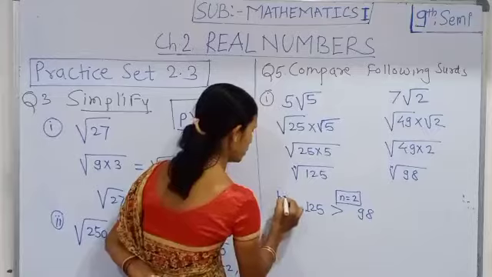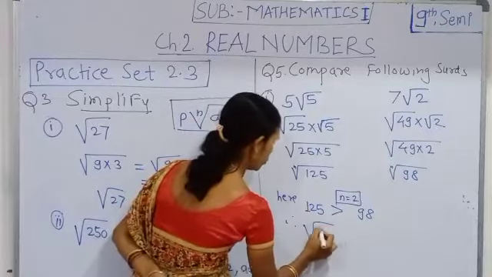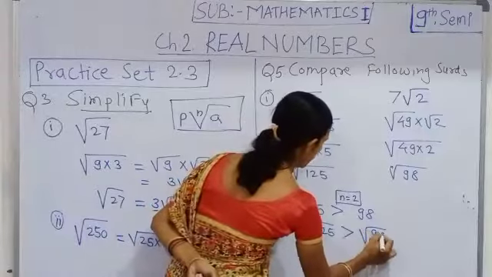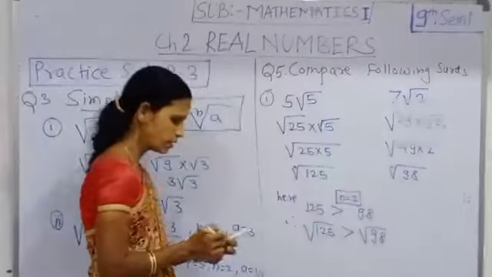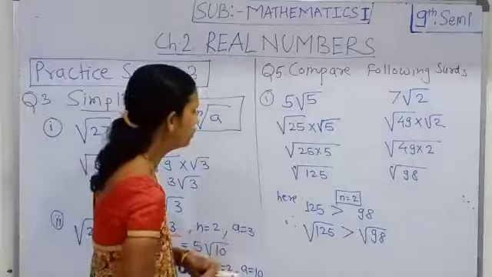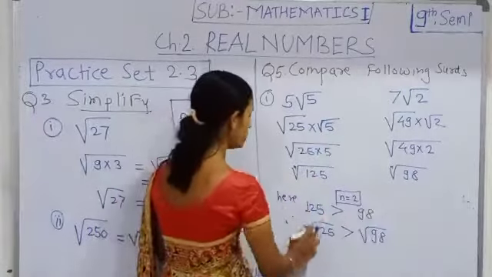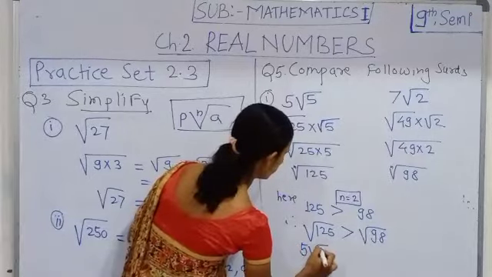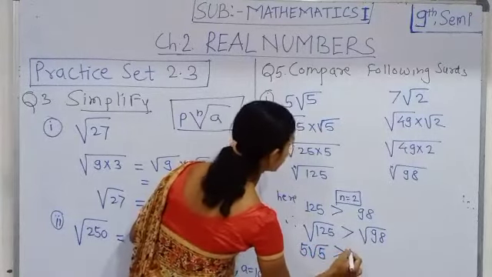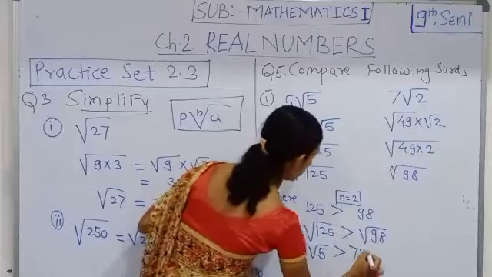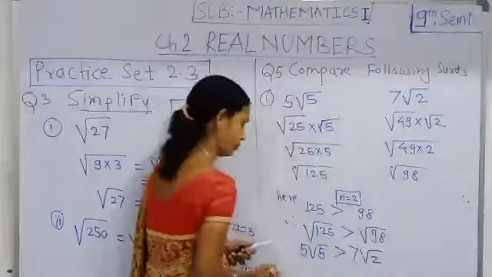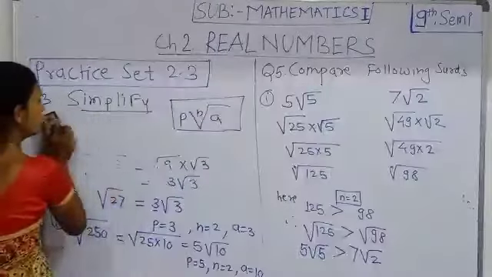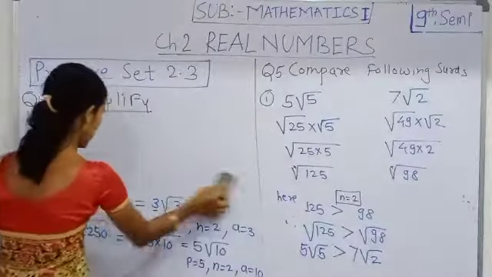Therefore root 125 is greater than root 98. That is the comparison between those two surds. That means root 125, that is 5 root 5, is greater than 7 root 2. That is the comparison between two different surds.